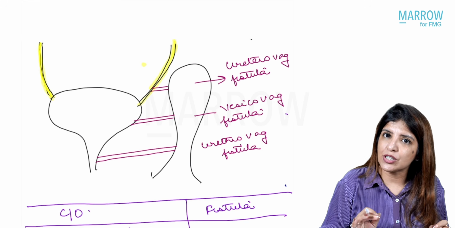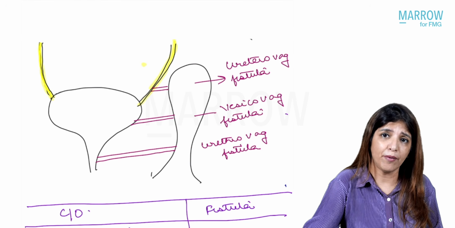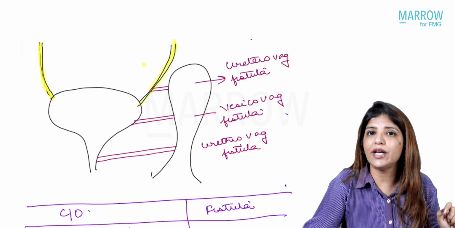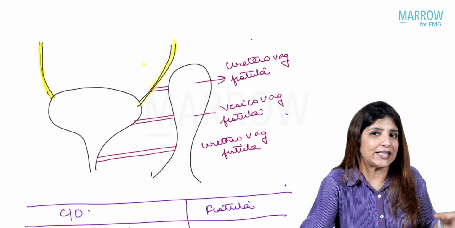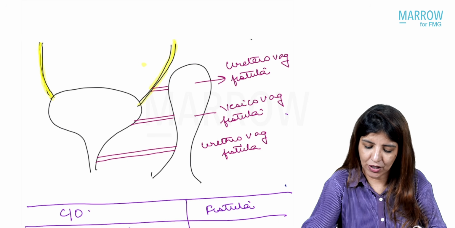Now, what will the patient say? Patient will say, doctor, I don't have any constant dribbling of urine from my vagina. But when I sit for urination, urine comes out from normal places as well as from my vagina. Yes? Okay.